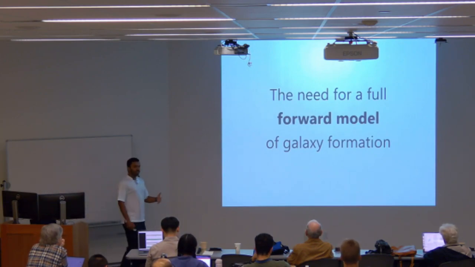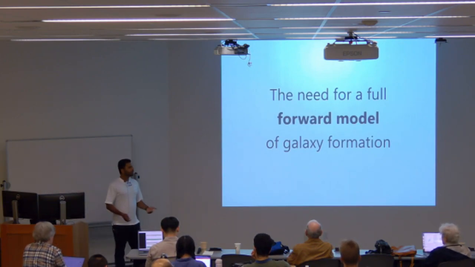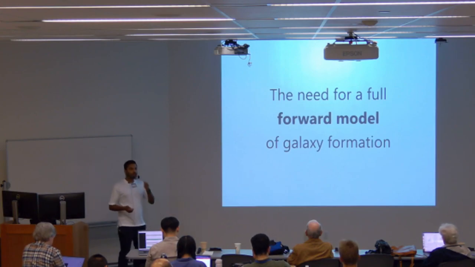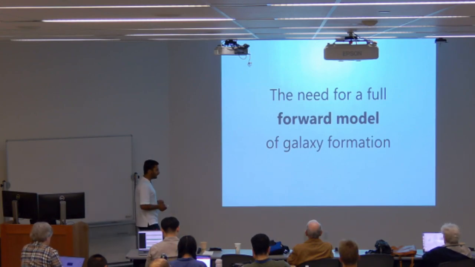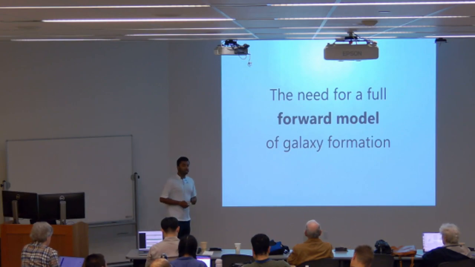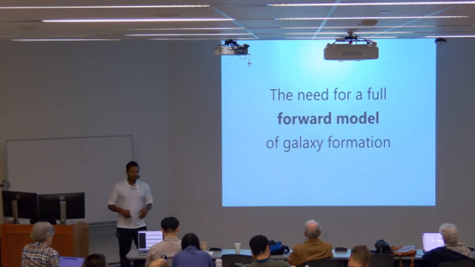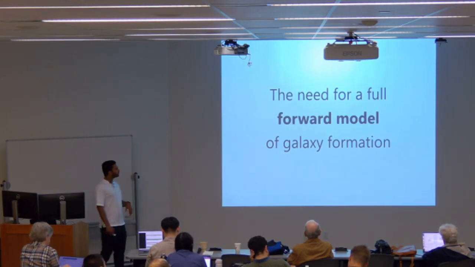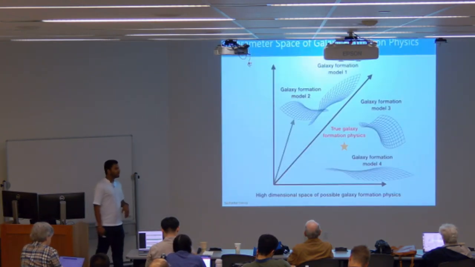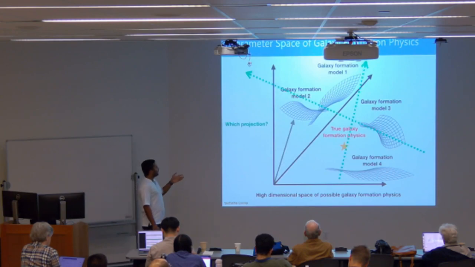Often empirical models are also connected to this forward models approach. We've heard a couple of talks here yesterday on the galaxy-halo connection, on why we do full forward modeling and the benefits of it. The question is, which projection should we take?